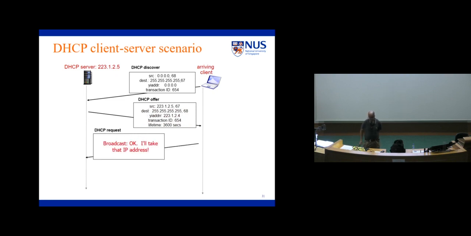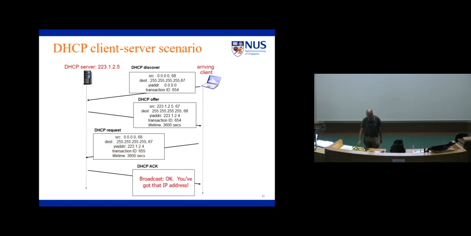Then the host will pick one of those IP addresses and formally request that particular IP address. And once it gets a confirmation back from the DHCP server, you officially have that IP address with you. And usually there's a timestamp associated with every IP address which comes from DHCP servers. Once that time is over, you have to refresh or it will be given up to somebody else.